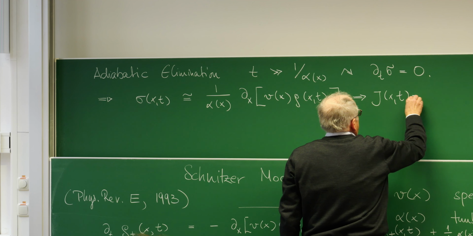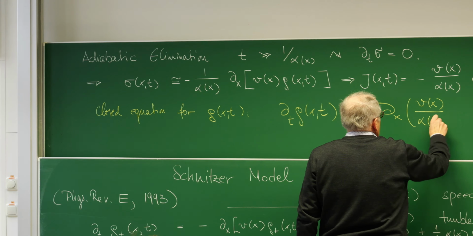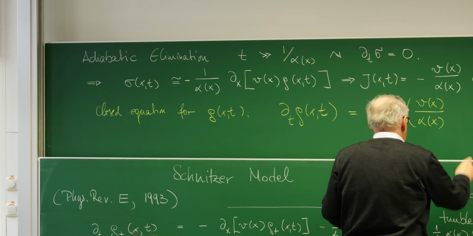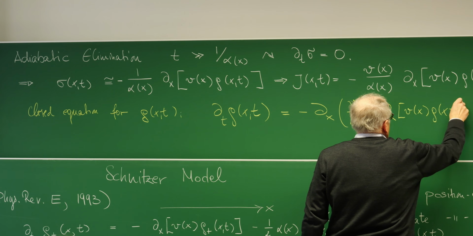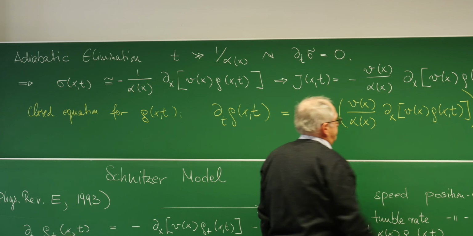It has the form of the time change of the density is equal to, as it must be, the gradient of x of this current that I just wrote down, v over alpha times dx v of x rho of x and t.